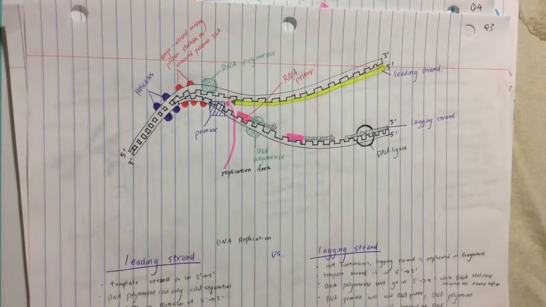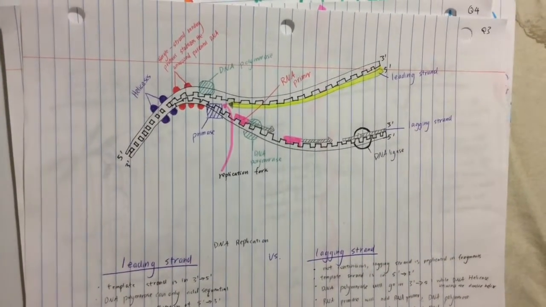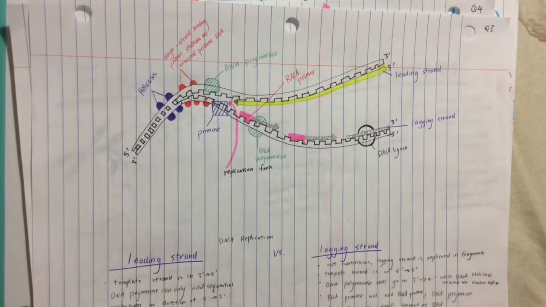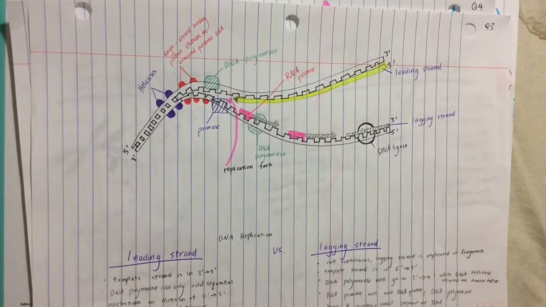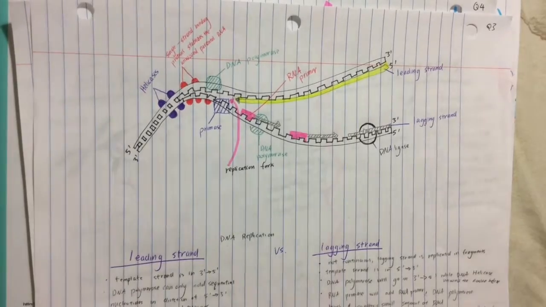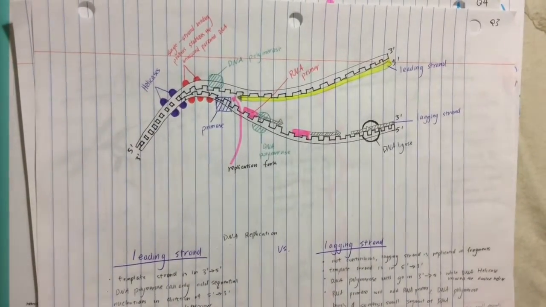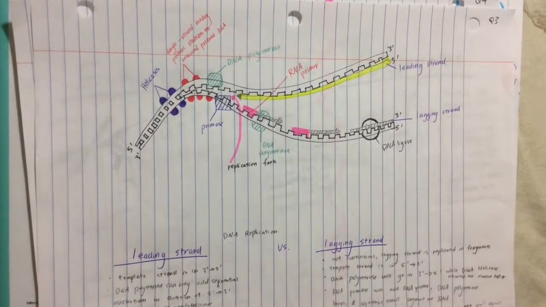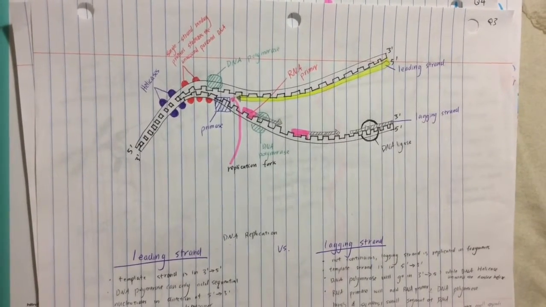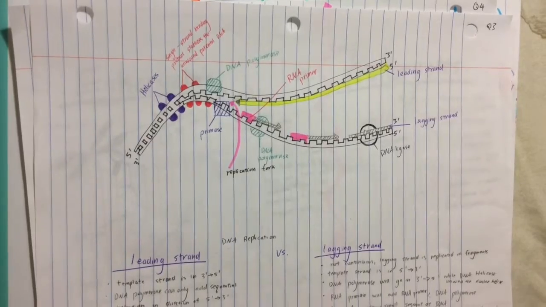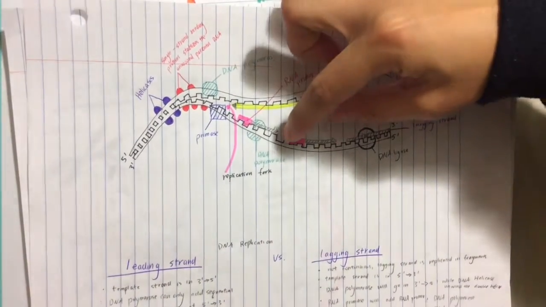The RNA primase will add RNA primer, and the DNA polymerase will bind and synthesize small segments of DNA. So we have these fragments called Okazaki fragments, and they're small segments of DNA that are extended by the DNA polymerase, shown right here.